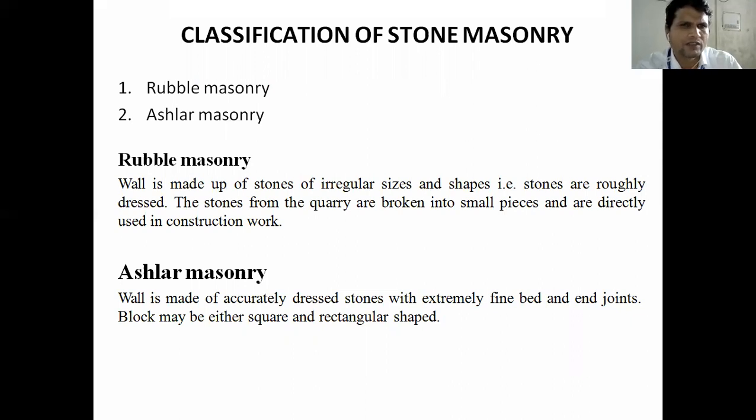Another one is ashlar masonry. In ashlar masonry, we use dressed stones having proper shape and size. Proper dressing is required for ashlar masonry. A rectangular or square shape is required, but the stone has some particular regular shape.